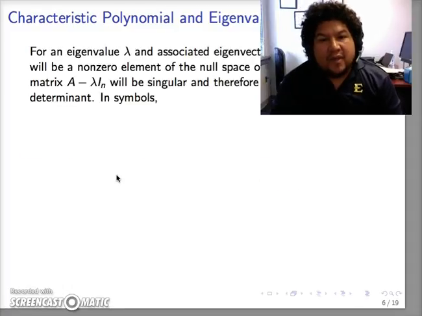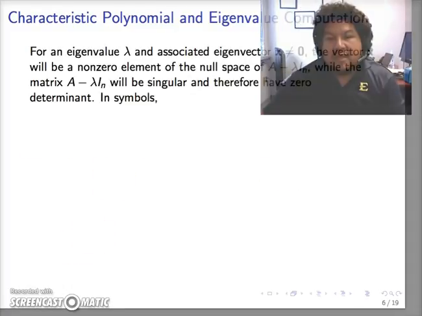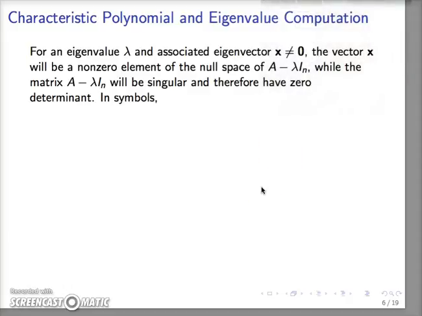So the first step in finding eigenvalues will be determining the polynomial at hand, and then we will proceed to compute the roots, the values at which that polynomial is equal to 0. For an eigenvalue lambda associated with a non-trivial eigenvector x, x is a non-trivial member of the null space of A minus lambda I, and the matrix A minus lambda I will be singular and will have a 0 determinant.